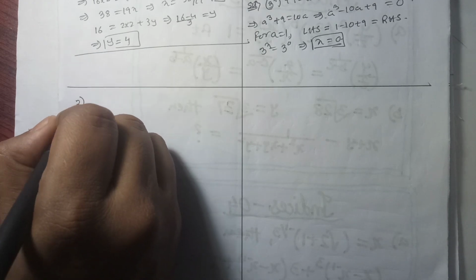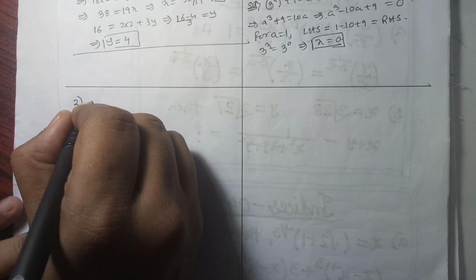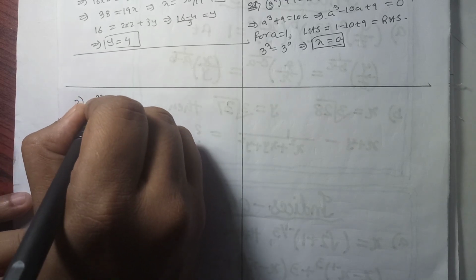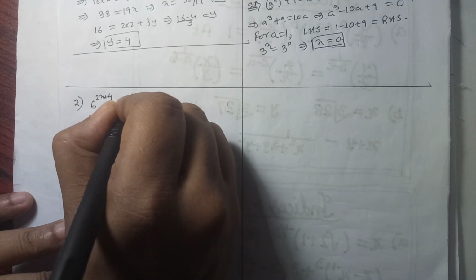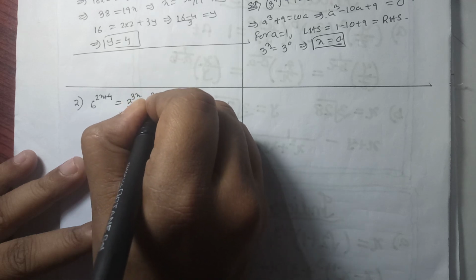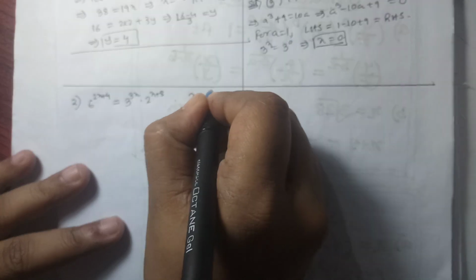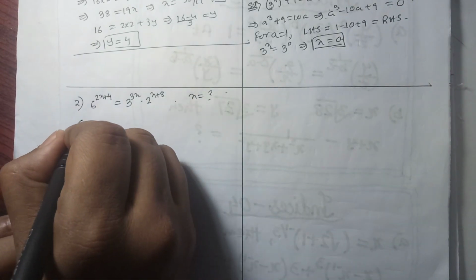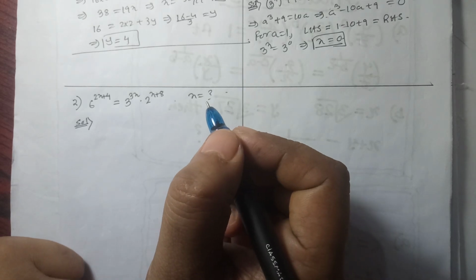2. 6 to the power 2x plus 4 is equal to 3 to the power 3x plus 8, then x equal to how much? Solution. How will I do?